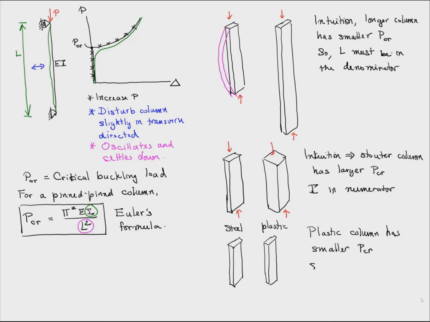So the modulus of elasticity, E, must be in the numerator. And indeed, E is in the numerator. So we kind of understand the intuition that goes behind Euler's formula. In the next video, we'll look at what if the support conditions aren't pin-pinned, but something else.